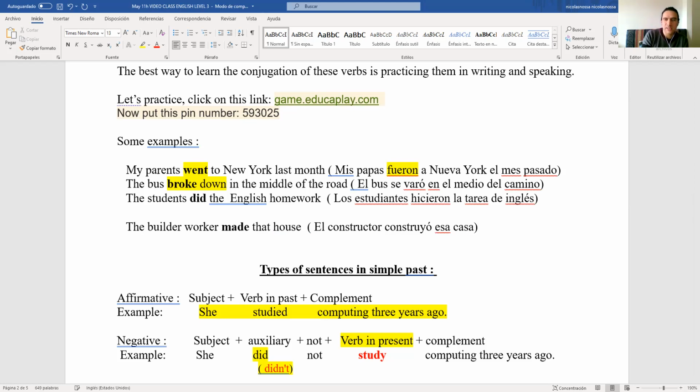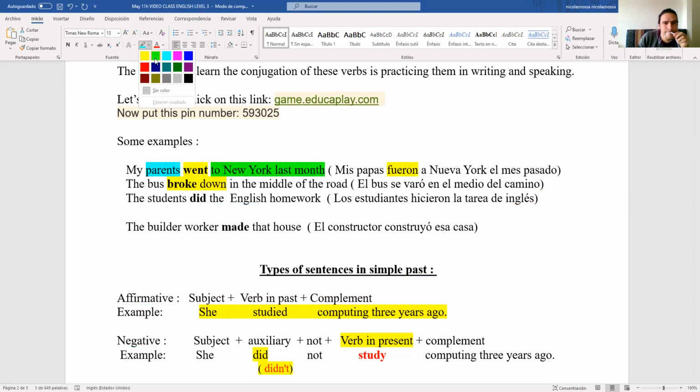Okay. Sujeto, entonces aquí el sujeto, ¿cuál será? Parents, los papás. ¿Listo? Sujeto. Ok, acuérdense que el my es un posesivo, eso no es un sujeto, entonces mi sujeto, mi verbo, complemento. Sujeto, verbo, complemento. Sujeto, el bus, ¿no? The bus. Verb, el verbo, complement.